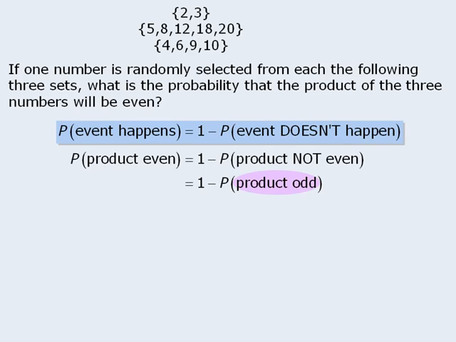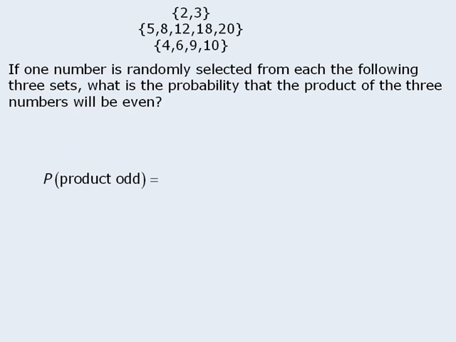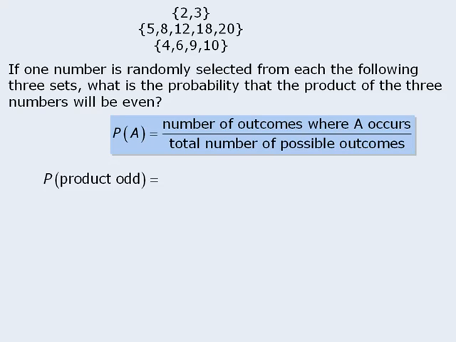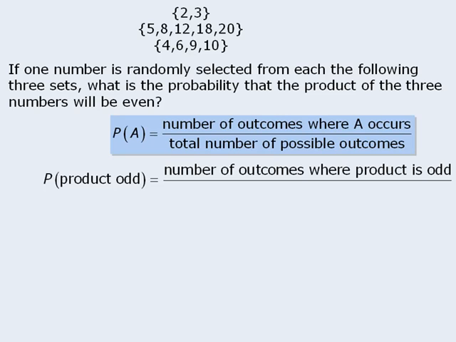So we now need to determine the probability that the product is odd. To do this, we'll use the probability formula. Now we want to determine the number of outcomes where the product is odd and the total number of possible outcomes. As always, we'll begin with the denominator. To calculate the number of possible outcomes, we'll take the task of building outcomes and break it into stages.